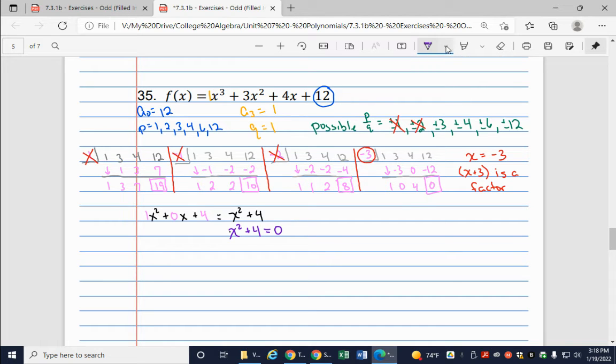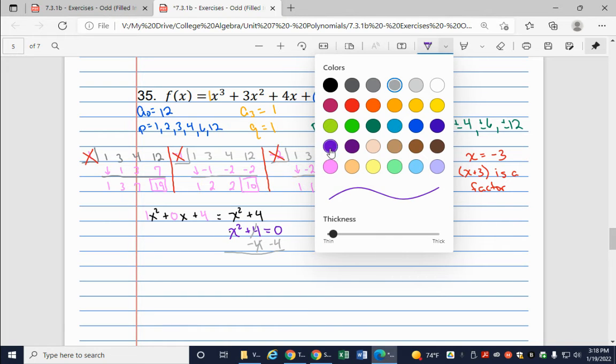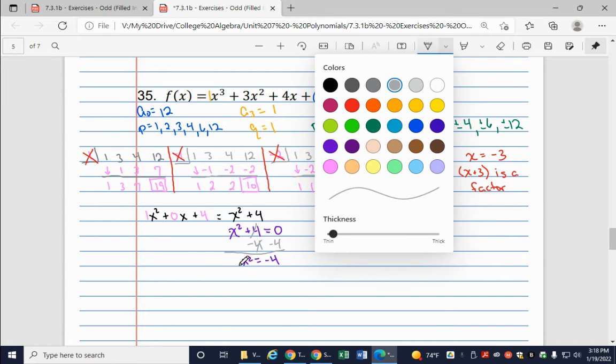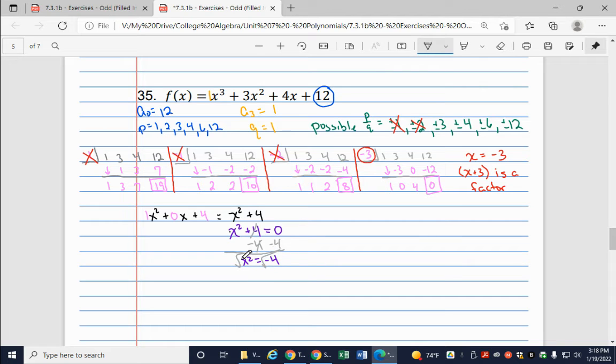How do I solve this? How do I get the x squared all by itself? Yeah, subtract 4 on both sides. So x squared equals -4. How do I get rid of the square? Square root, because my square and my square root will cancel.